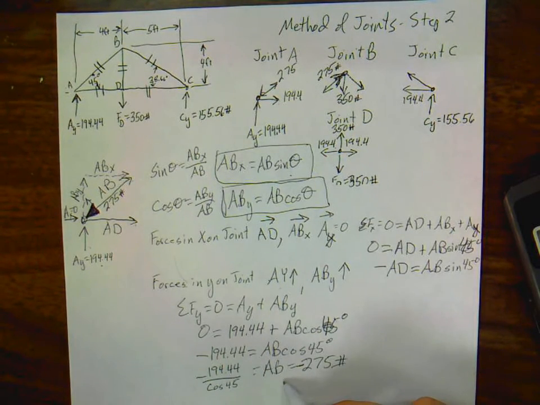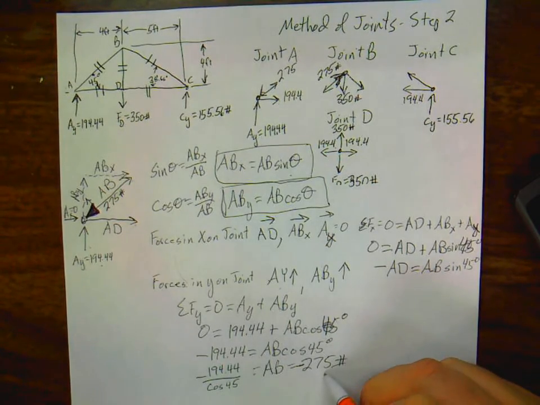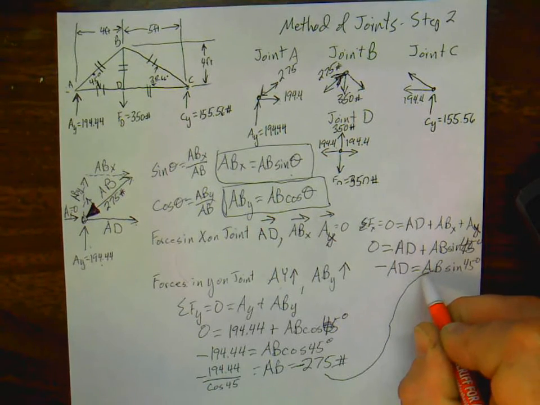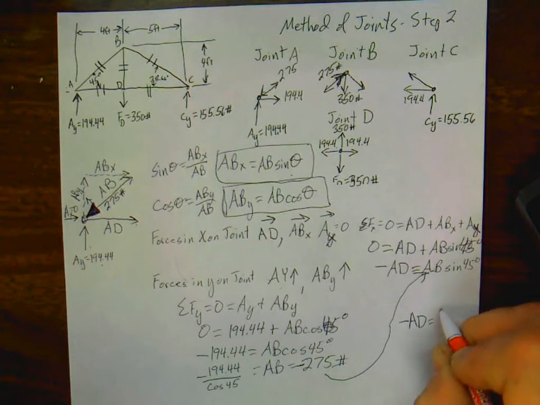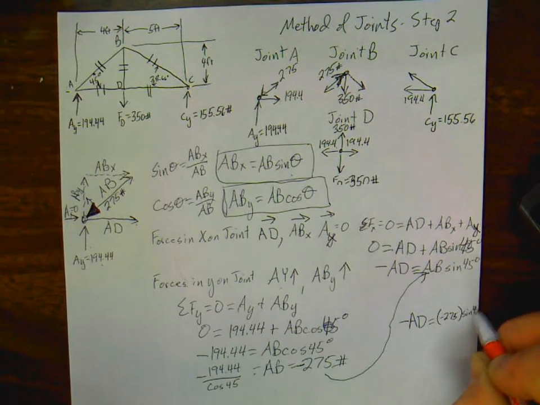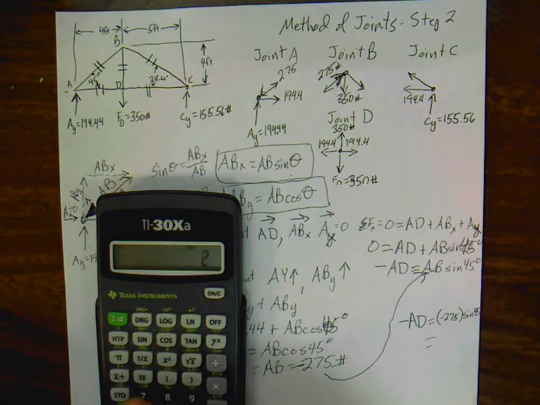So minus AD equals minus 275 times the sine of 45 degrees. 275 times the sine of 45 degrees equals a minus 194, which means that AD equals positive 194.